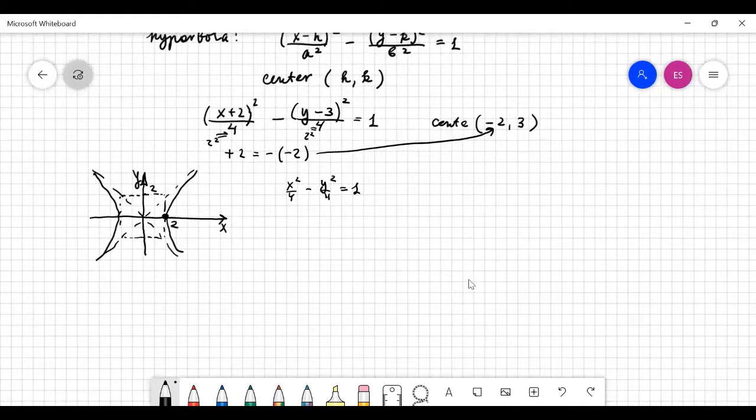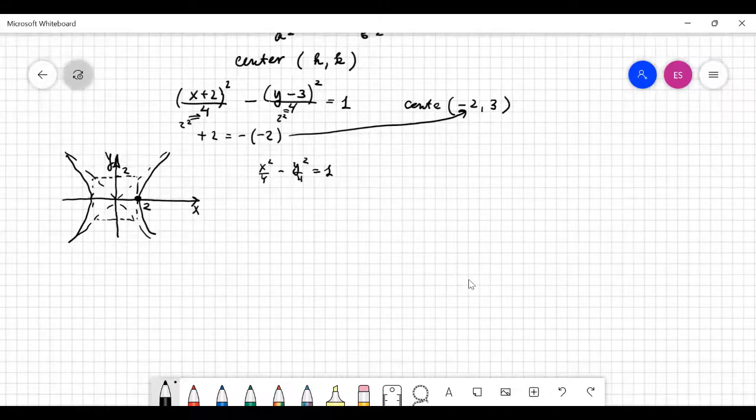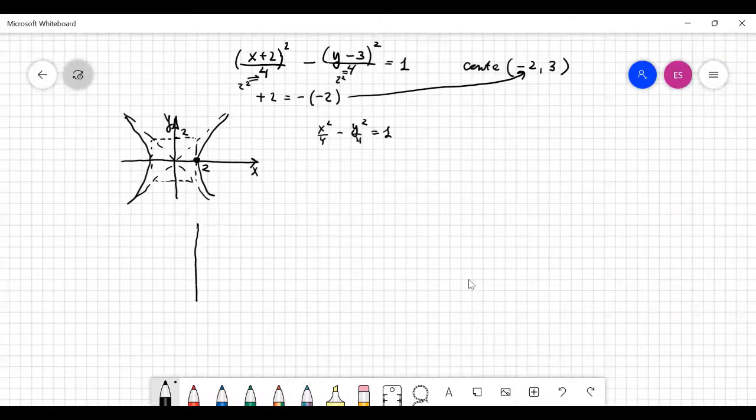Now I'm going to draw a shifted one. The center of my new hyperbola is minus 2, 3. So maybe I'm going to kind of draw a new coordinate plane over here. Because it's shifted down, I'm going to kind of put something, not down, to this side of x-axis. I'm going to put it like this, okay? No, it's actually shifted up.